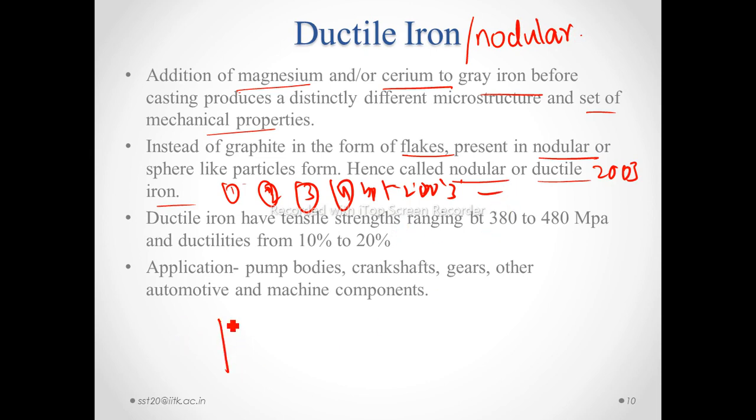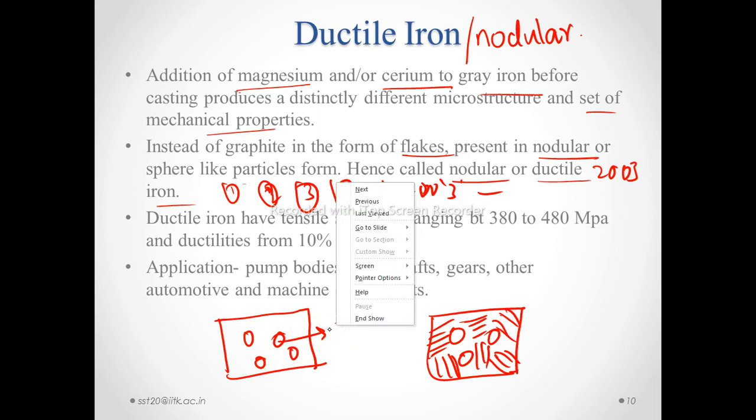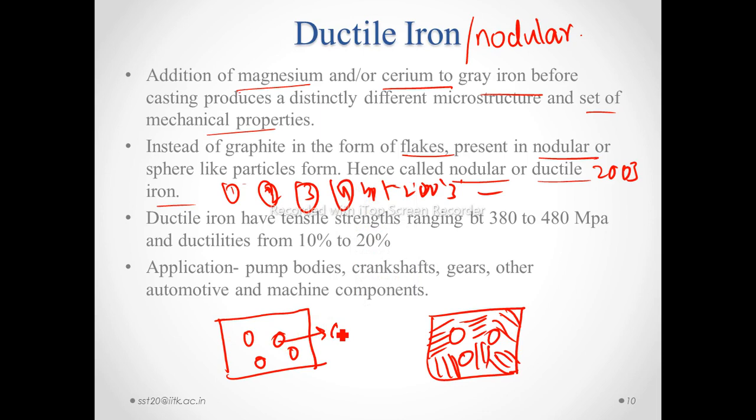So the microstructure will look like this. I am drawing two microstructures here, and I will explain the reason behind them. This is nodular iron, with the spherical form of graphite surrounded by alpha ferrite.